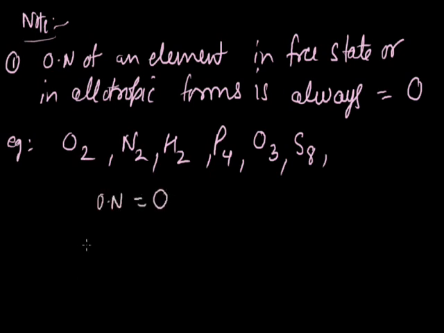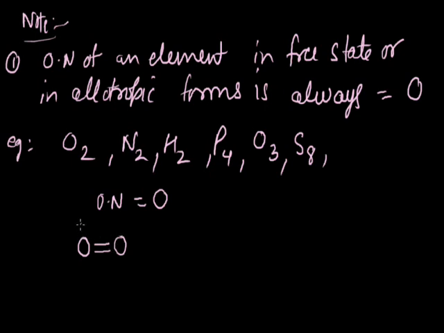We can prove it: in case of oxygen, 2 oxygen atoms are attached with a double bond, and as oxygen and oxygen have the same electronegativity, the pair of electrons is always exactly between them, so there is no shifting of electrons, so there is no charge on any atom.